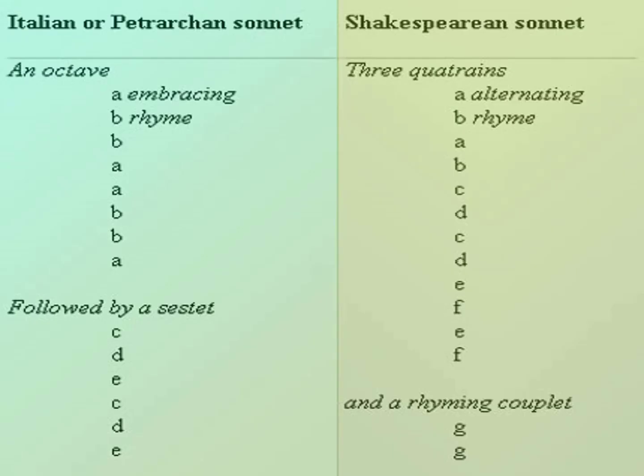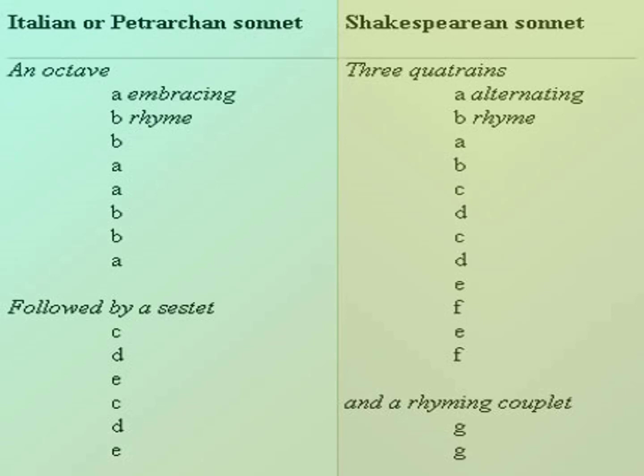The differences between the Petrarchan or Italian sonnet and the Shakespearean or English sonnet. In the Petrarchan sonnet, there are two portions. The first eight lines are called the octave and the second part is called the sestet. In the octave, the rhyme scheme is A, B, B, A, A, B, B, A, but the sestet may have the rhyme scheme C, D, E, C, D, E, or it can vary.